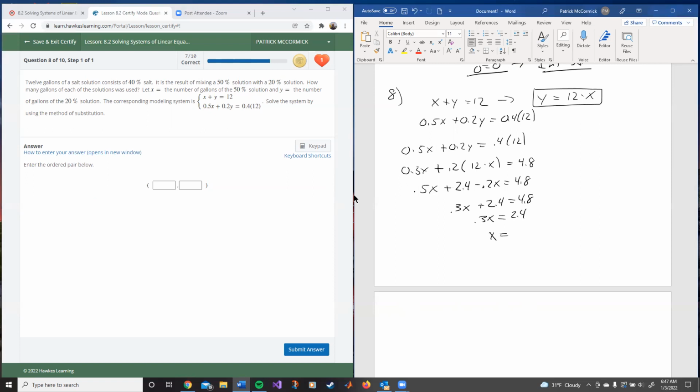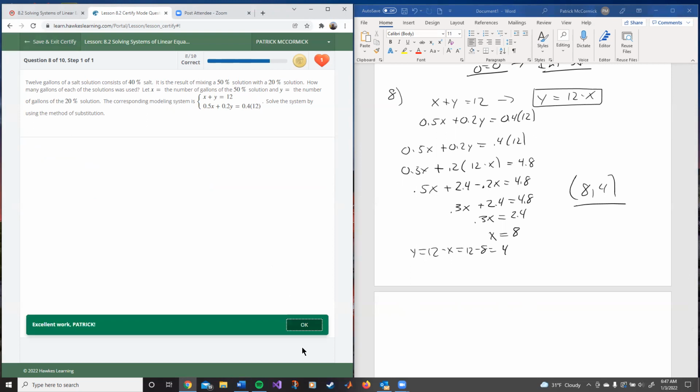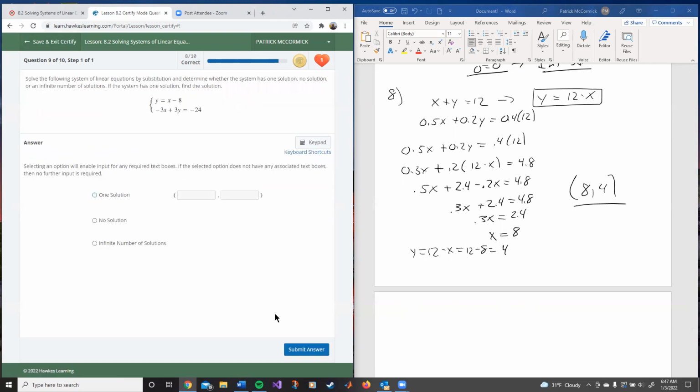So 2.4 divided by 0.3 is equal to 8. So if x is equal to 8, y is equal to 12 minus x, which is 12 minus 8, which is equal to 4. So x is 8, y is 4. There we go.